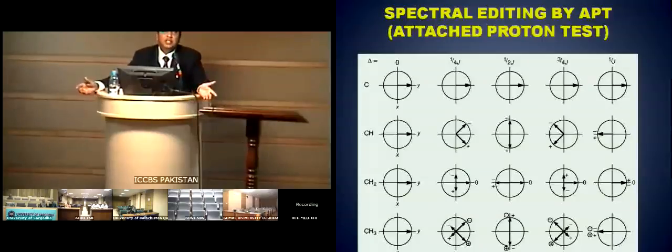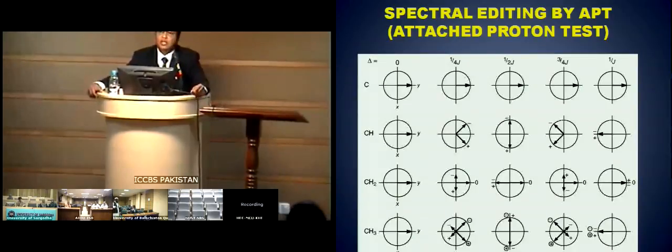The experiment was so easy: you bring a radio frequency oscillator and you tune the frequency of your oscillator to the whole band of protons, the chemical shift band of protons, and when you oscillate all the time, constantly turning on the radio frequency oscillator on the frequency of protons, your carbon would not see any proton.